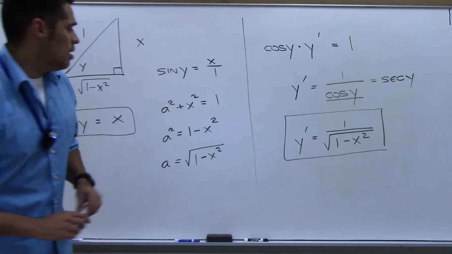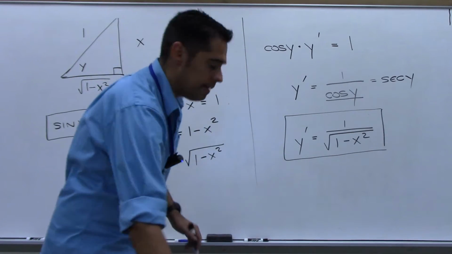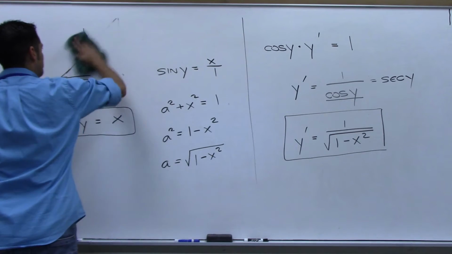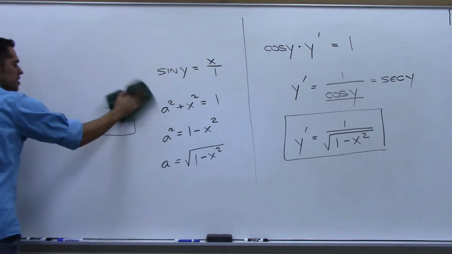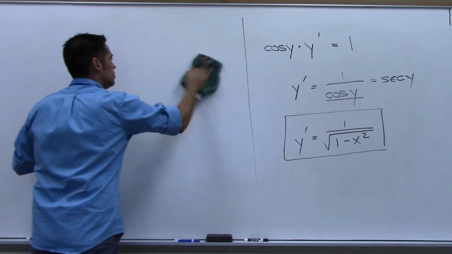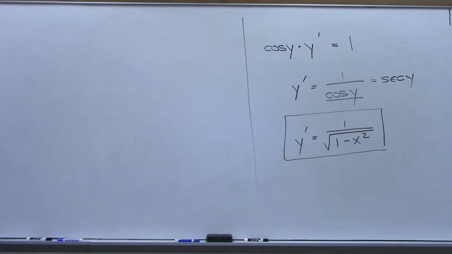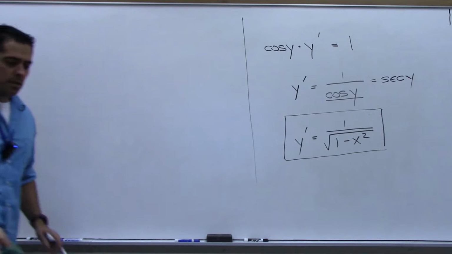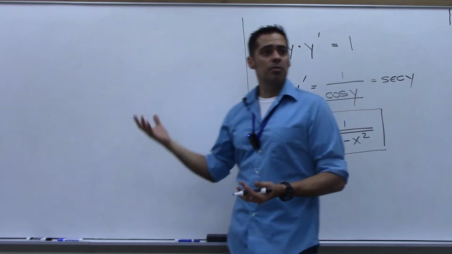So now we know we have a general formula for the derivative of arc sine, right? There it is, right there. But now, right away, we start applying the chain rule, all the rules that we can do with this.